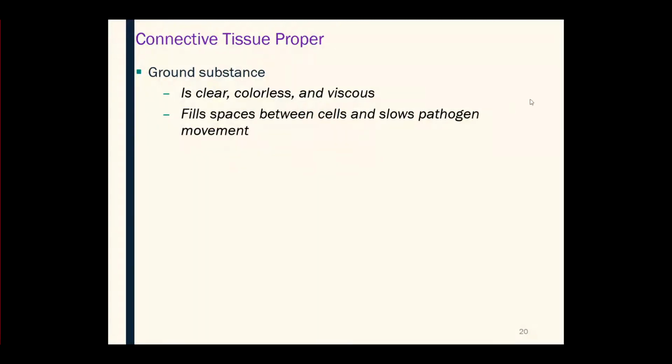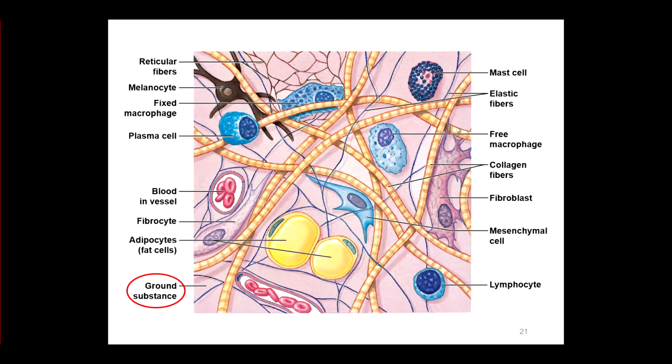Remember, I said a couple of minutes ago, a pathogen is what? A disease causing organism. So you can see here, I have it circled over here. All this pink area here would be the ground substance. So all these cells and fibers, guys, are living or suspended or supported in the ground substance.